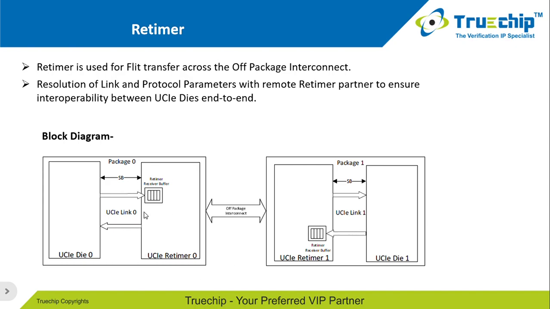So the UCIe retimer is used here for the communication of these UCIe dies. UCIe retimer 0 is connected to UCIe die 0 and UCIe retimer 1 is communicating with UCIe die 1, and these two retimers are interconnected with each other through this off-package interconnect.